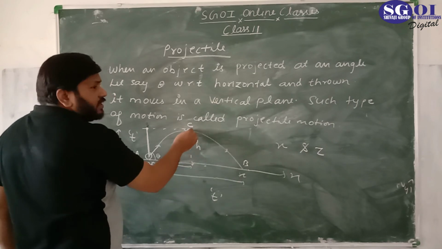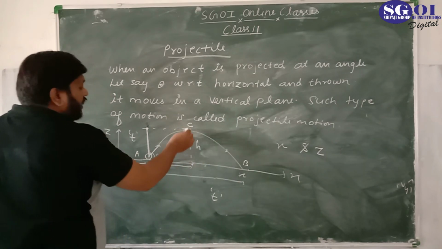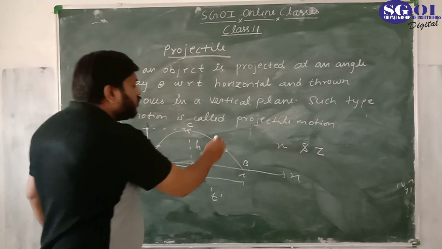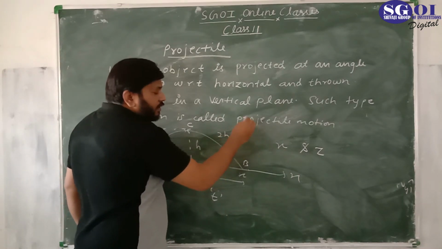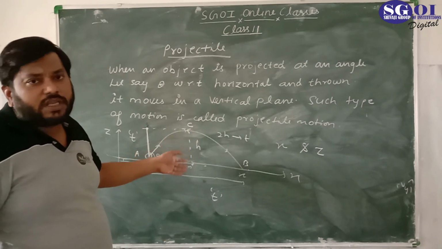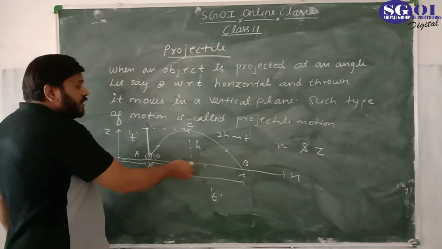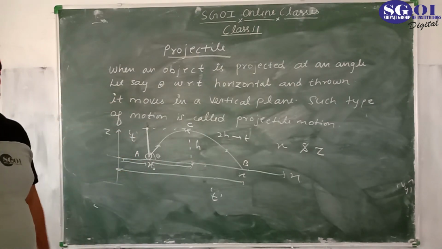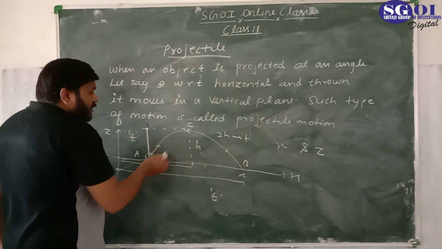So it goes h distance in the y axis, z axis, and it comes down the same distance h again. So it covers 2h distance in the time t. But the net displacement for this particular case is 0 for the z axis, because it reaches the same place.